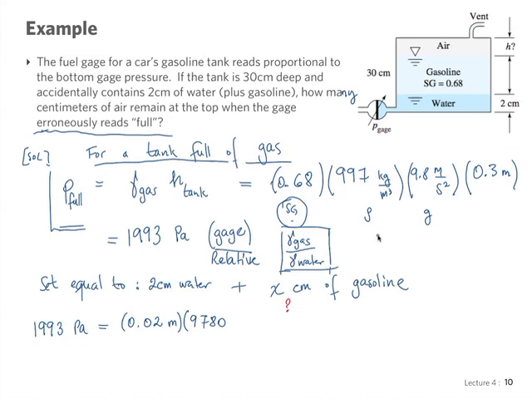This, by the way, is at 25 degrees Celsius from a table, Newton per cubic meter, plus a certain weight of gasoline that we don't know. So again, we have the specific gravity, 0.68 times 9,780 gamma of water, newtons per meter cubed, and the distance, x. We don't know, but x in meters, right?